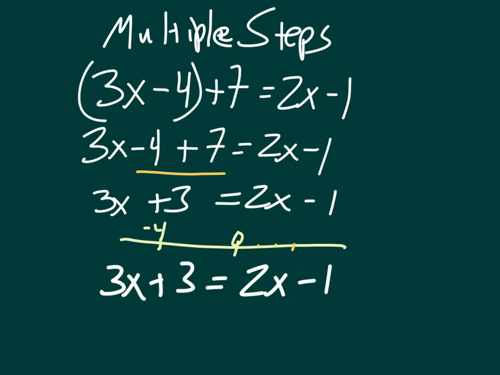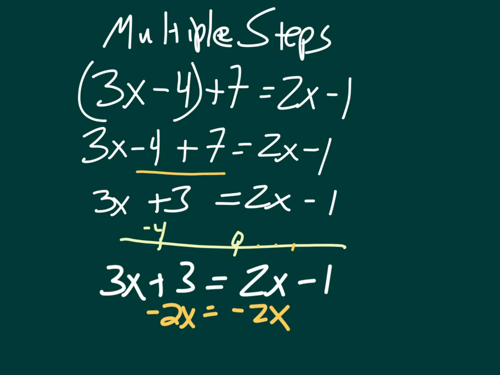In order to balance it, I need to maneuver this 2x onto that side of the equation. I'm going to do the same thing to both sides. I'm going to subtract 2x. Why am I not dividing by 2x? The reason is this 2x is not being multiplied. It's being added. It's 2x minus 1. This is add, subtract. That's what I'm going to do. Subtract 2x from both sides.